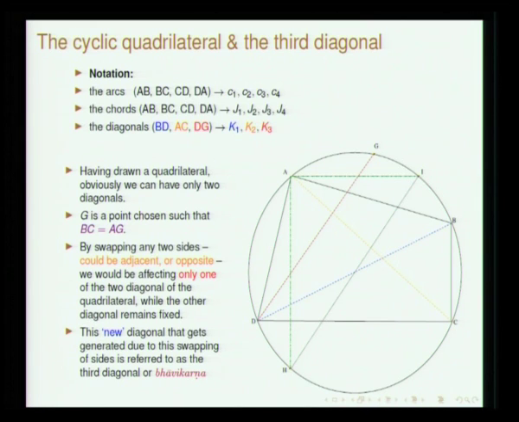So, the area of the cyclic quadrilateral can be conceived of as the sum of the areas of the two triangles DAB and BCD.